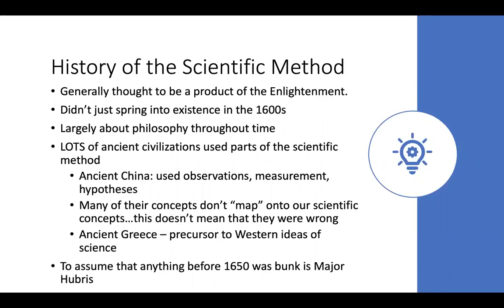The story is that people just ran around willy-nilly making biased observations until magically, in the age of the Enlightenment, the scientific method was revealed and came down from the sky. And okay, you know what I'm saying. It's not that simple. That's not how things happened.